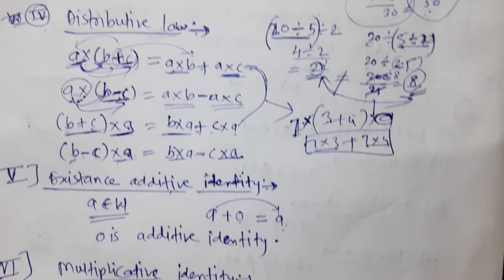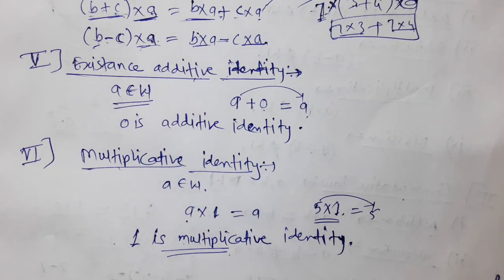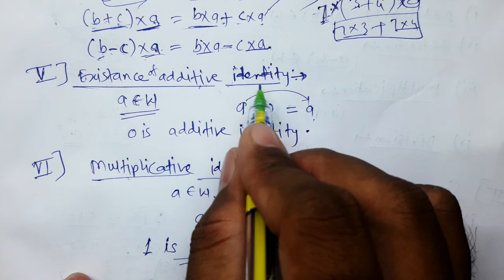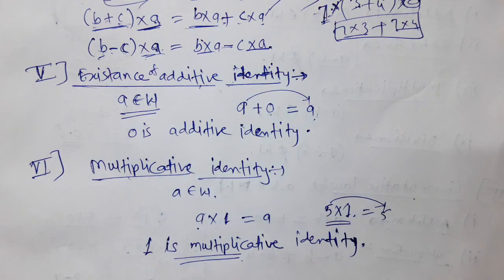Next property is the existence of additive identity. In the previous class we discussed identity element. What is an identity element? Identity element is the element which gives the identity to any number.